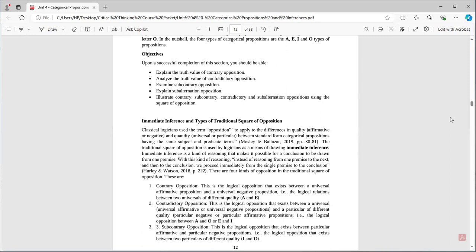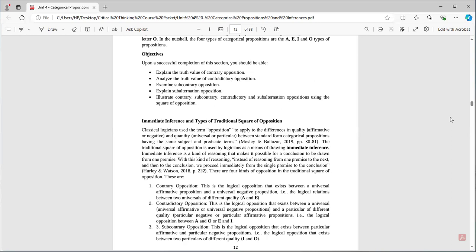So anytime you have a logical relationship between a universal affirmative and a universal negation, you are dealing with contrary opposition. One of them will be your premise, the other will be your conclusion, depending on which one you start with as your premise.